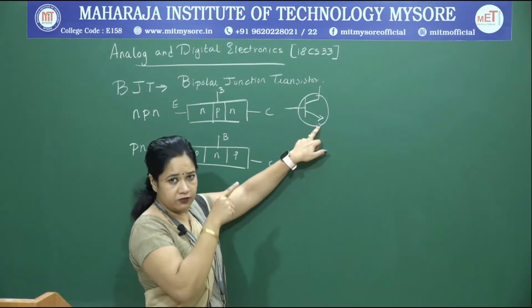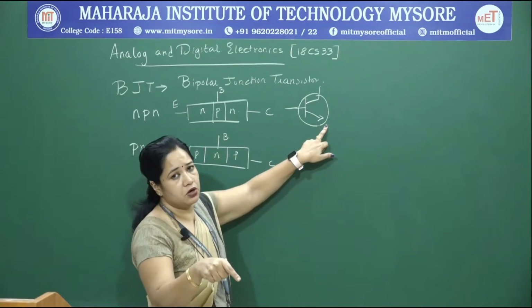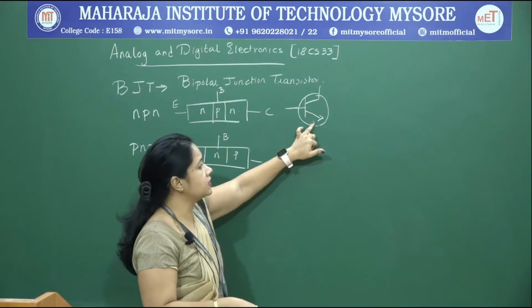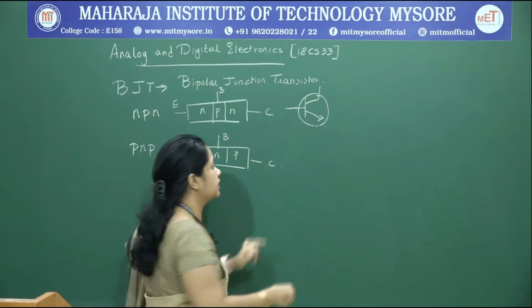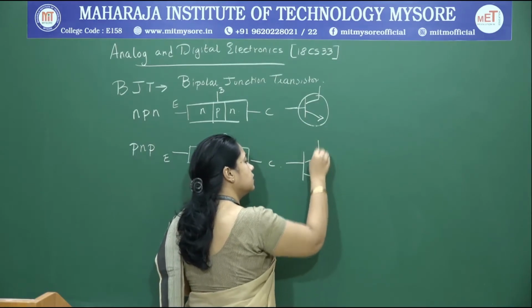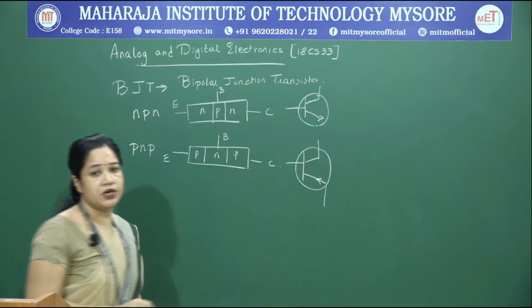The arrow indicates the flow of current. The current always flows into or out of the emitter terminal, so we indicate it with this arrow. This is the symbolic representation of an NPN transistor, and this is the symbolic representation of a PNP transistor.